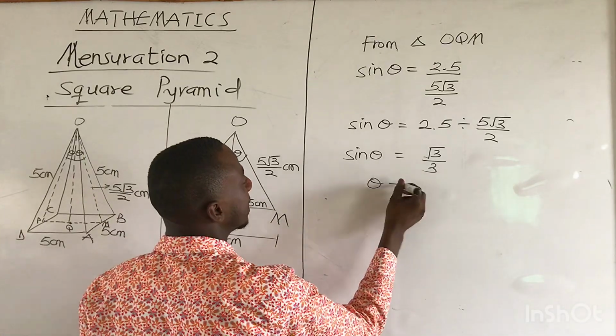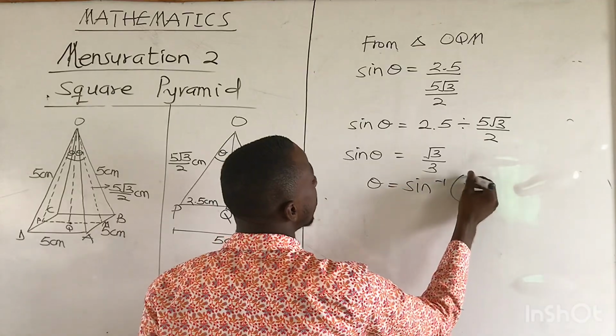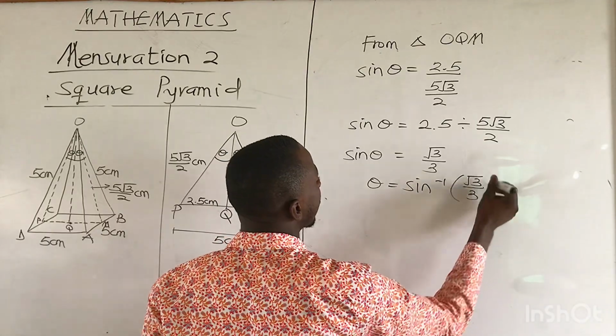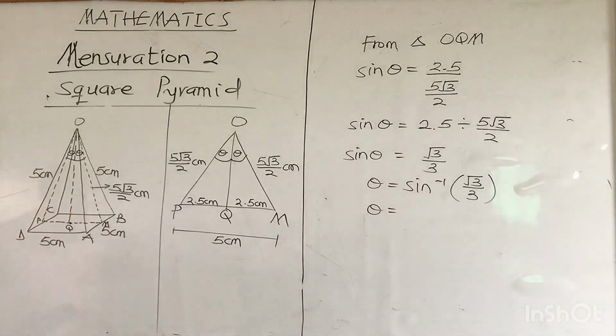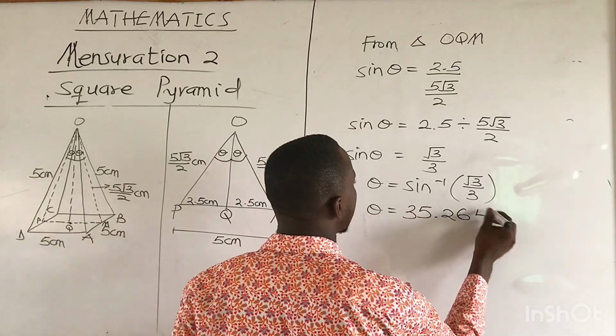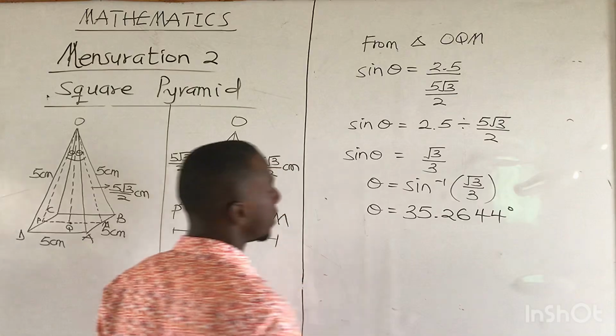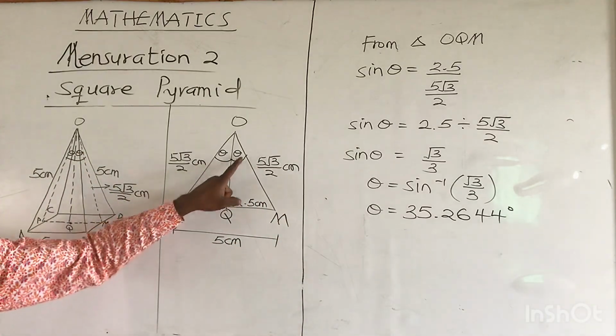So I'll maintain the theta, then I'll have sine inverse of root 3 over 3. So sine inverse of root 3 over 3, we are going to get 35.2644 degrees. But this is not the final answer because we are looking for the whole angle.